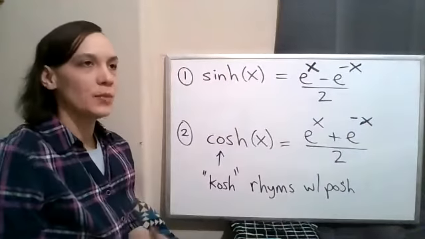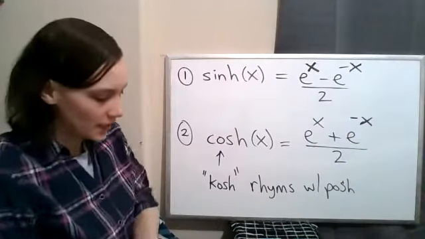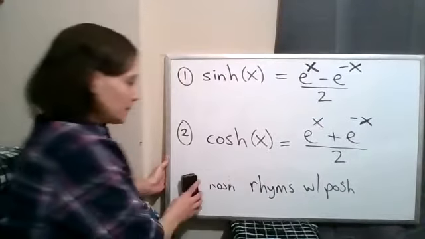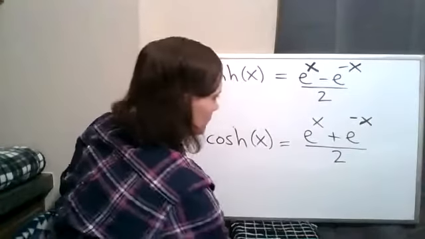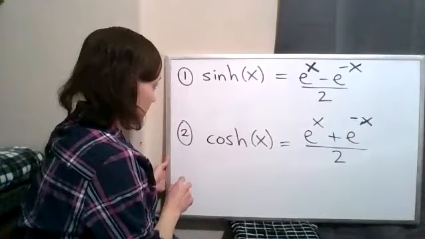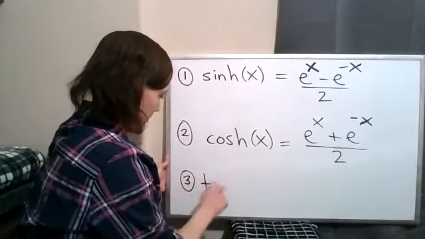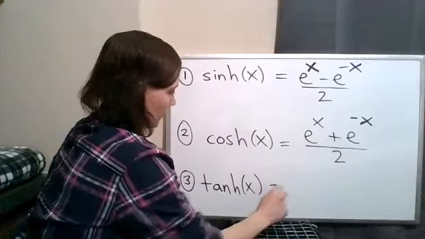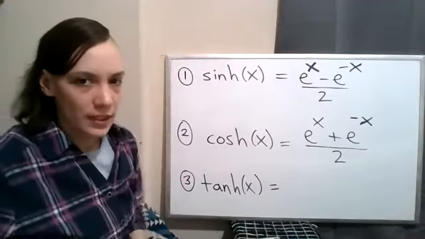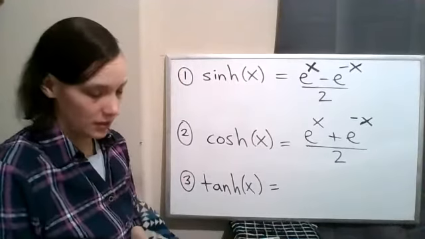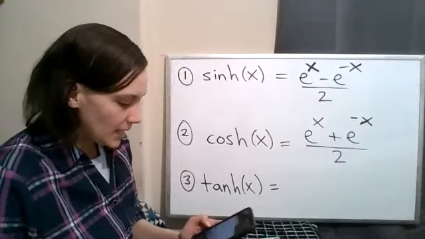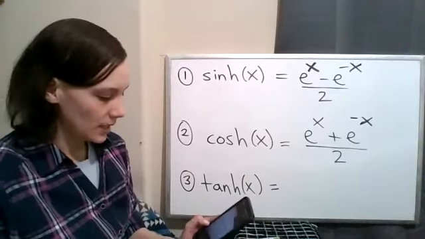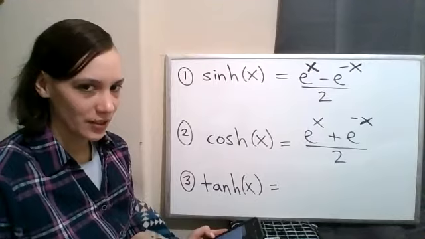All right, and then hyperbolic tangent, TANH of x. There's a few ways to say it. We're going to say it "tanch," rhymes with ranch.